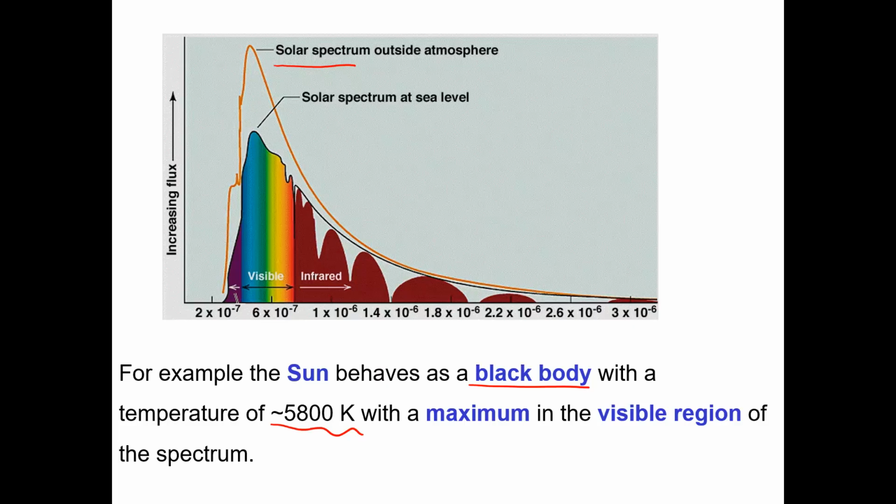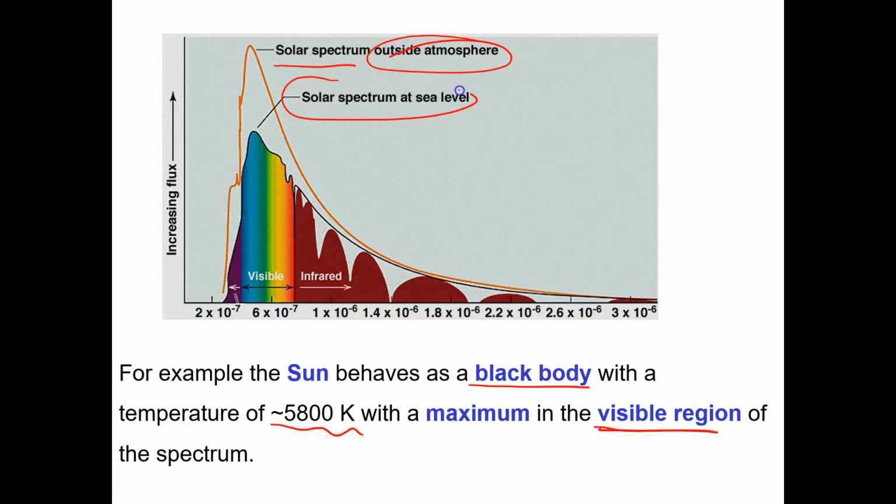And that gives its black body curve a peak in the visible region of the electromagnetic spectrum, which probably explains why our eyes have adapted to work well with visible light. So this is the solar spectrum outside the atmosphere, and you can see it's a pretty smooth curve. It's the orange line there. It's got a few lumps and bumps in it, but it's pretty smooth.